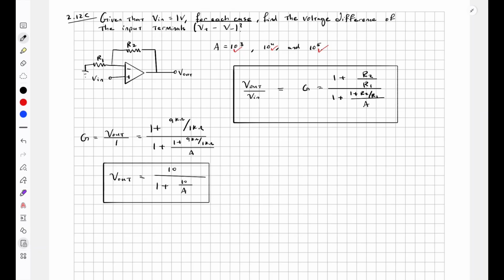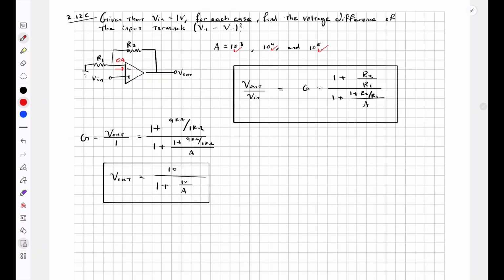Now the question asks to solve for V plus minus V minus. So we need to find out what this V minus voltage is. For that we can observe there's a voltage divider. We apply voltage at V out. It passes current through this R2 resistor, and the middle point is V minus. There is another path through the second resistor, and then it goes to ground. In the ideal op-amp, no current goes into the input terminals of the op-amp.